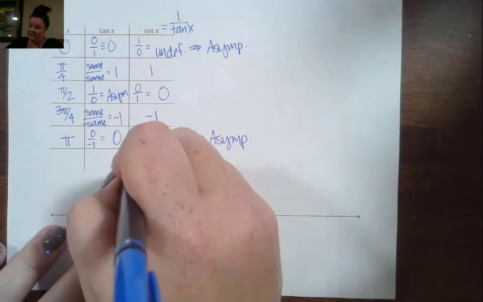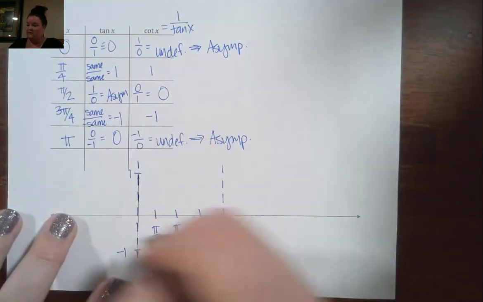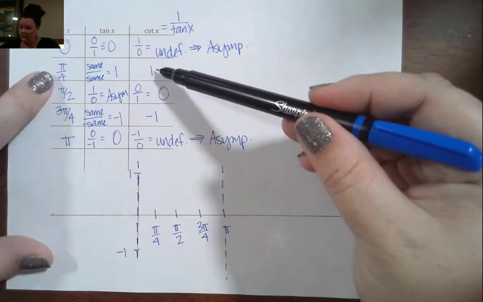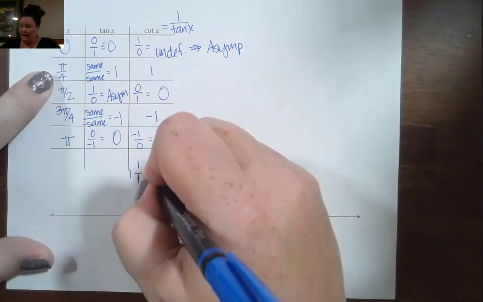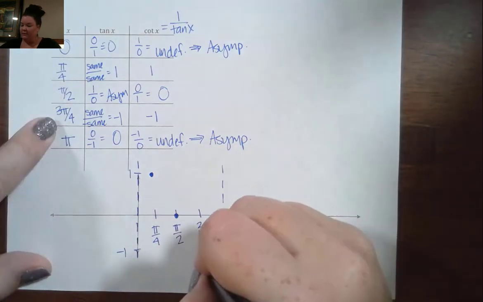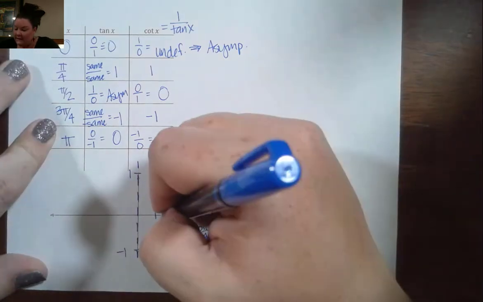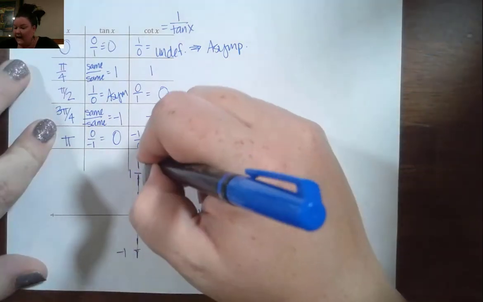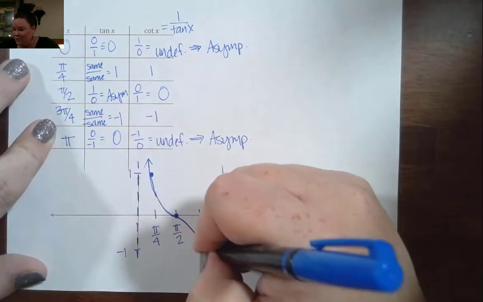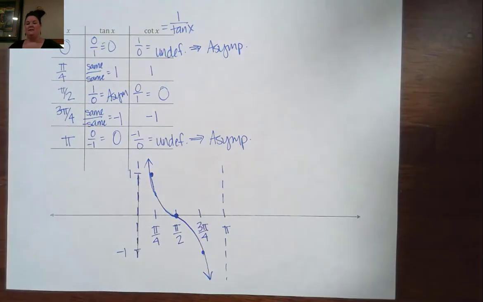Let's say this is 1, this is negative 1. So at pi over 4, I'm up at 1. At pi over 2, I'm at 0. And at 3 pi over 4, I'm down at negative 1. So notice this makes the same type of little swooshy swoosh as our tangent, except whereas tangent is increasing, right?